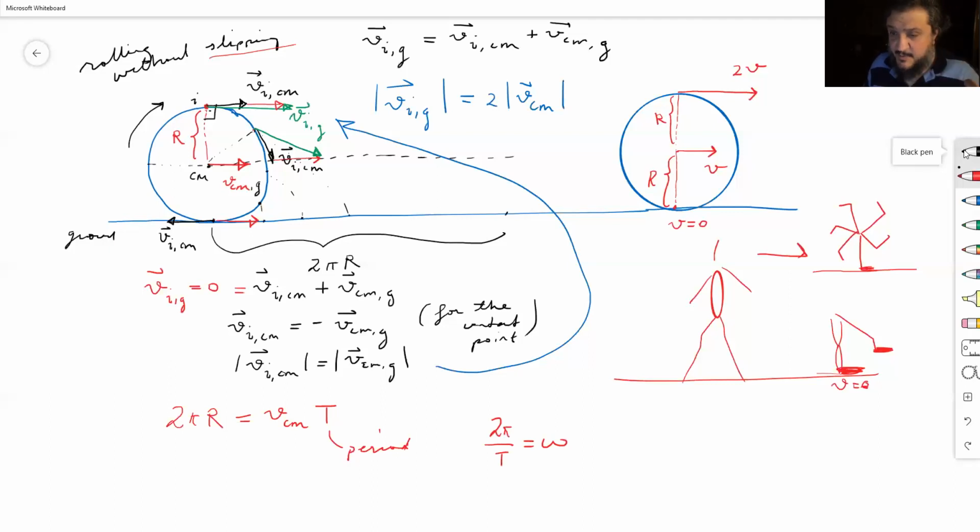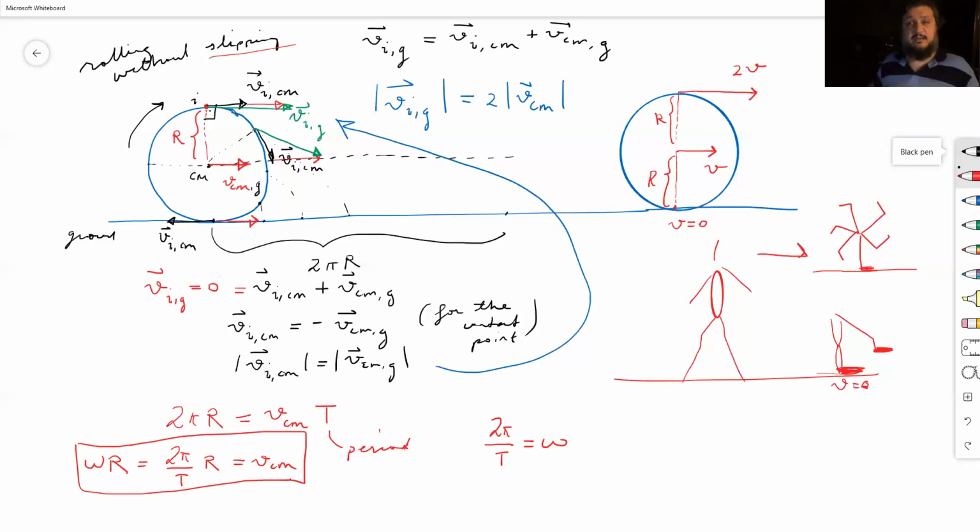So this way I'm relating the angular velocity to the center of mass velocity. If I divide both sides of this equation by T, I will get 2π over T times r equals v center of mass. And the left-hand side is nothing but omega times r. A very important relation, for objects which are rolling without slipping.